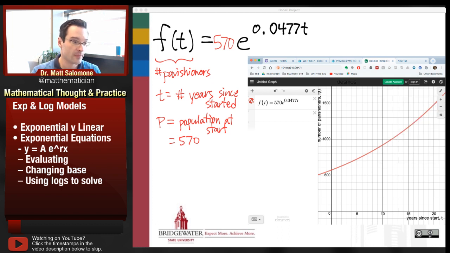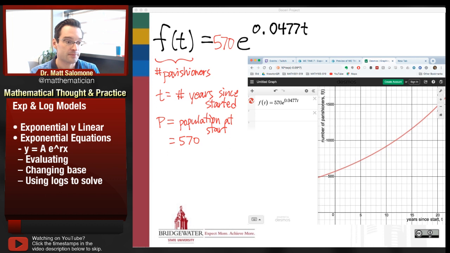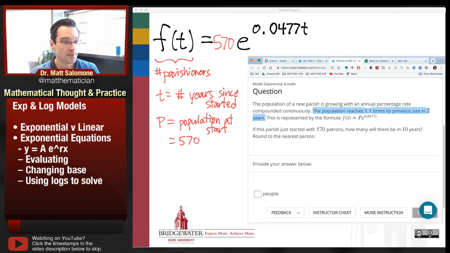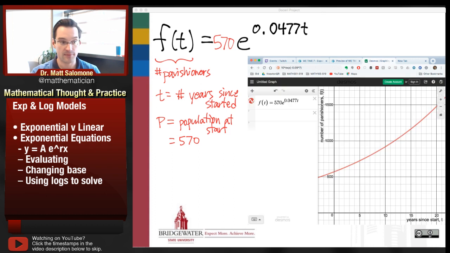Okay. So here is our graph that's depicting the behavior that we are looking to investigate. And the question has asked us to come up with an estimate of how many parishioners there will be in 10 years. So 10 years from the beginning, 10 years from the start. According to this graph, that's going to happen right here when the value of x, or t, on my axis is equal to 10.